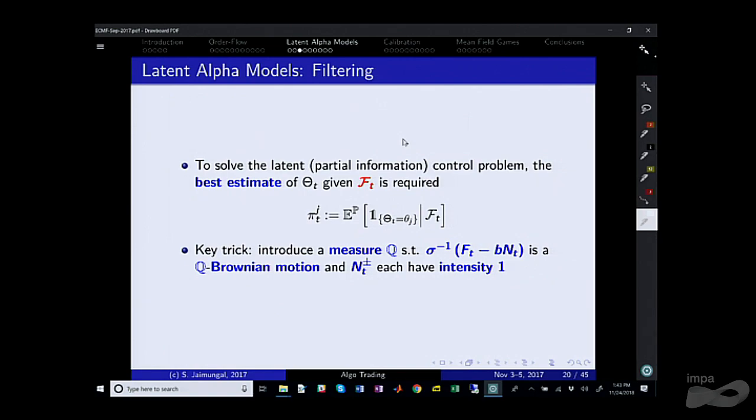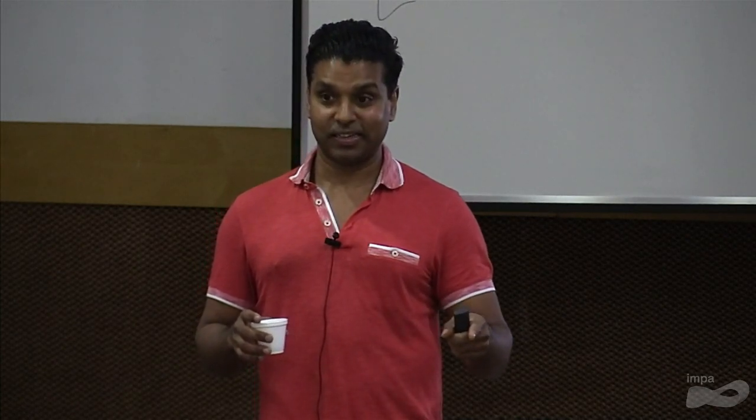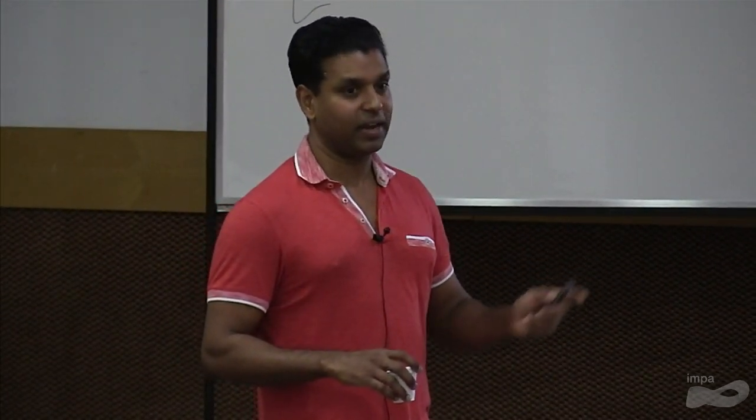So you introduce some measure Q such that when you take the continuous part of the price process, that becomes a Brownian motion under that probability measure. Q is not a risk-neutral measure. It's just, I'm using that notation. And under that same measure, the counting processes, which we said have stochastic intensities and are modulated by the Markov chain, under this probability measure Q, we want them both, n plus and n minus, to have intensity 1.